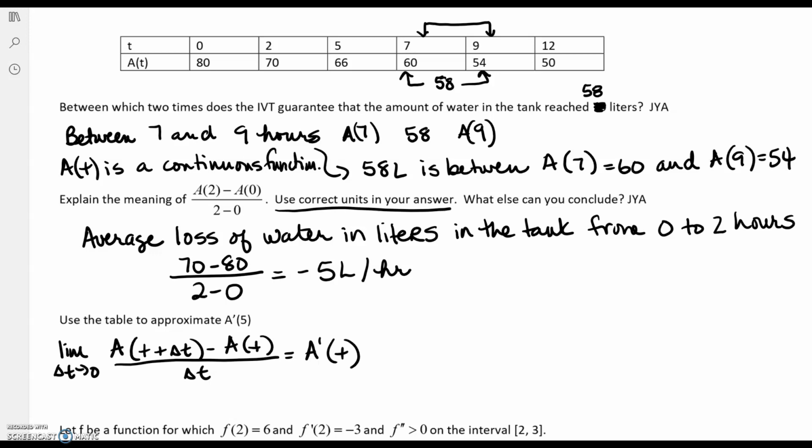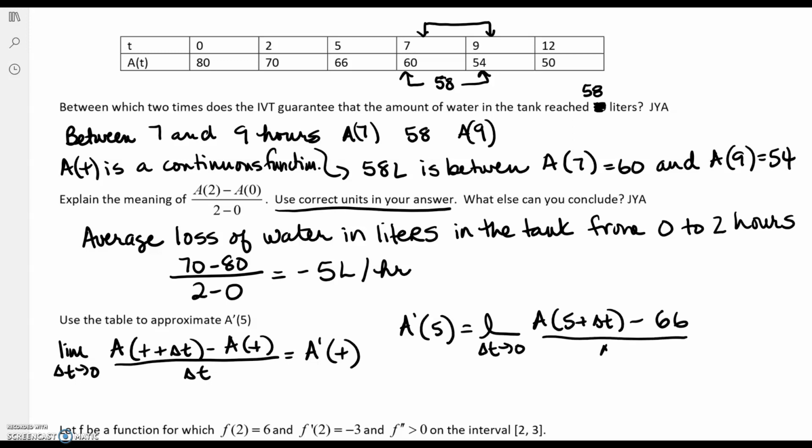Definition of the derivative in context. If I change this to A prime of 5, then I'm going to change my t's to 5. So the limit as delta t approaches 0 of A(5 plus change in t) minus A(5), and A(5) is 66, over delta t. And that is the actual value for A prime of 5.